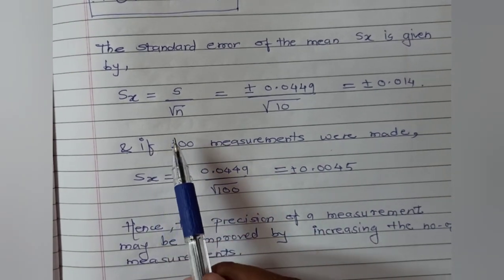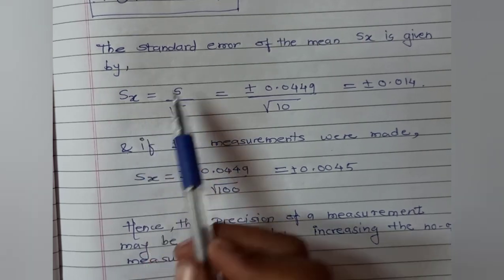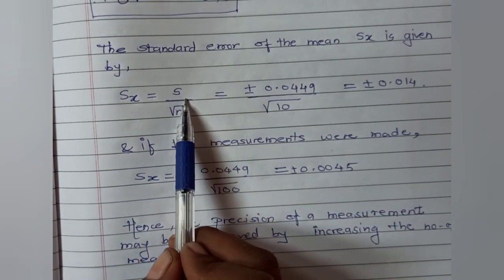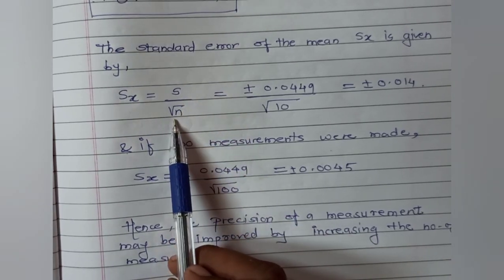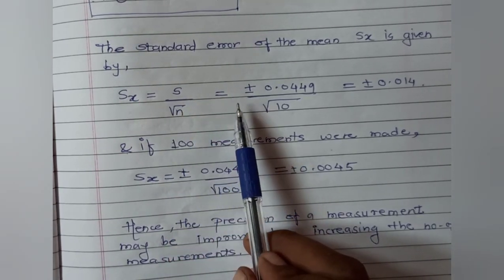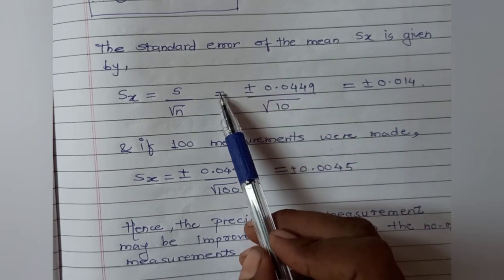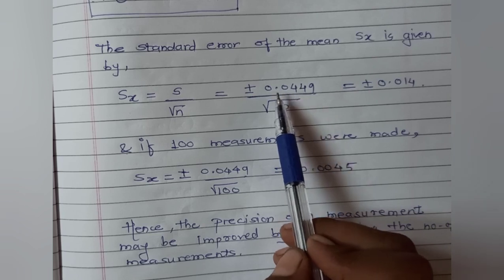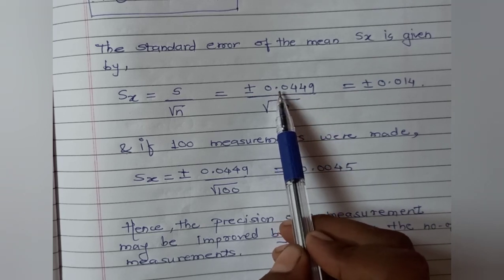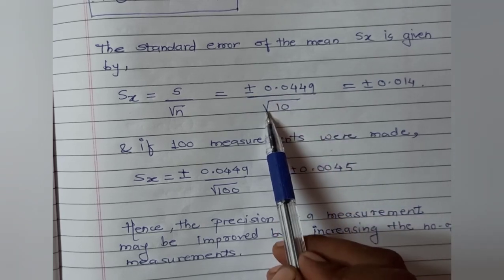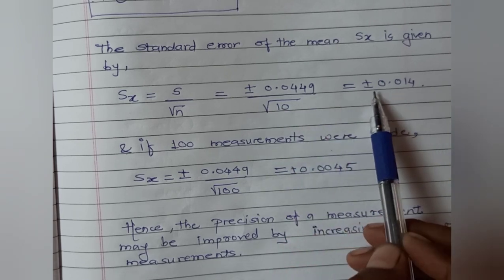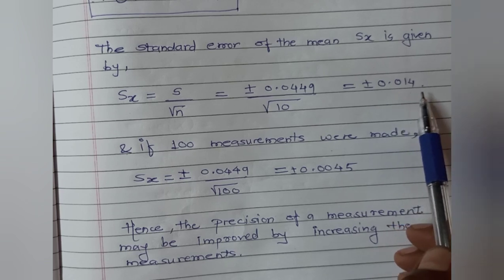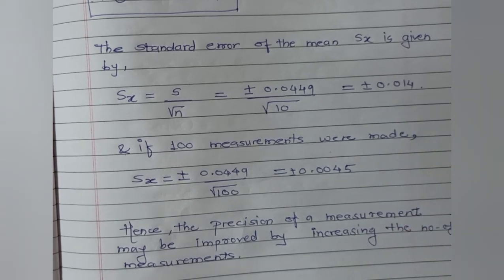Suppose Sx is the standard error, and standard error is given by the equation S upon square root of n, where S is the standard deviation whose value is 0.0449, divided by square root of 10. When we calculate these values, the final answer will be plus minus 0.040.